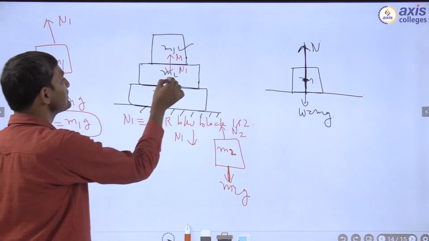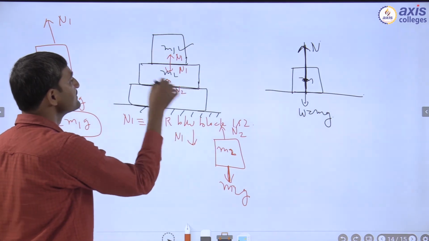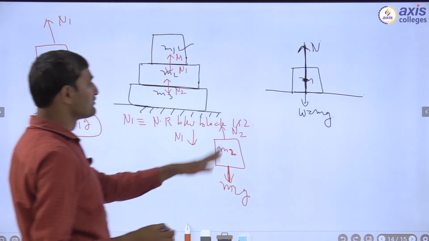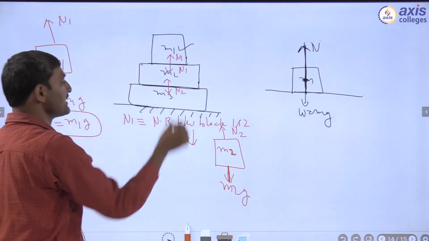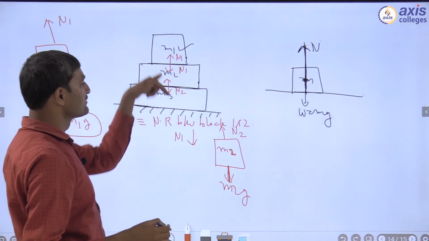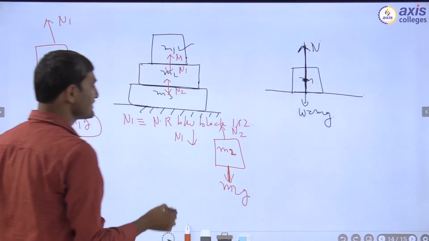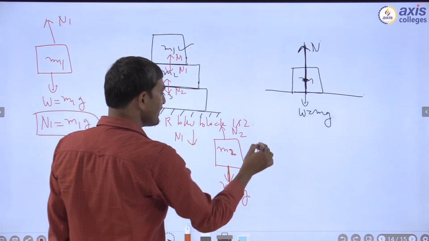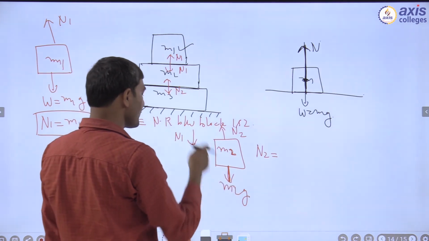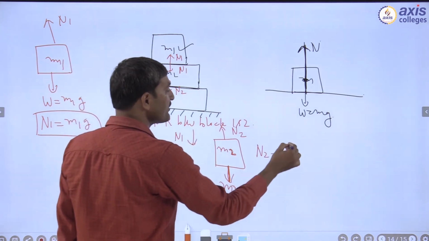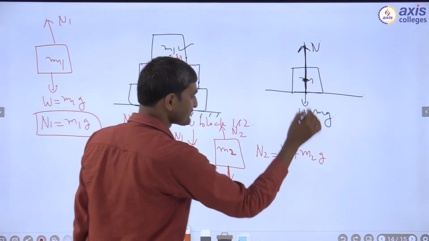What is N2? N2 is the normal reaction between block 2 and 3. This N2 is upward, but due to the mass of block 1, there is a normal reaction N1 which is working downward for block 2. So what should N2 be? Because m2g is downward and N1 is downward, N2 equals N1 plus m2g.